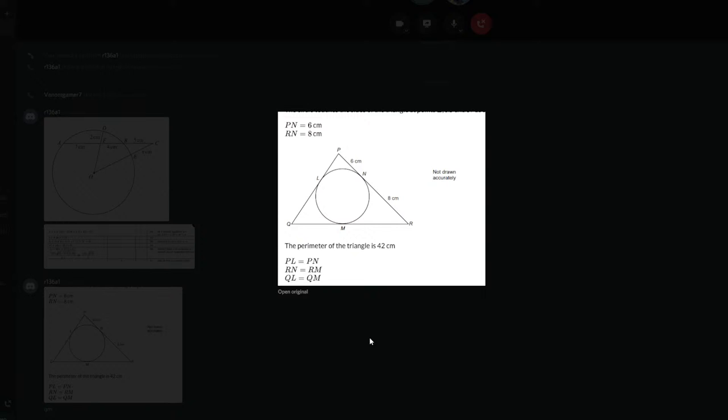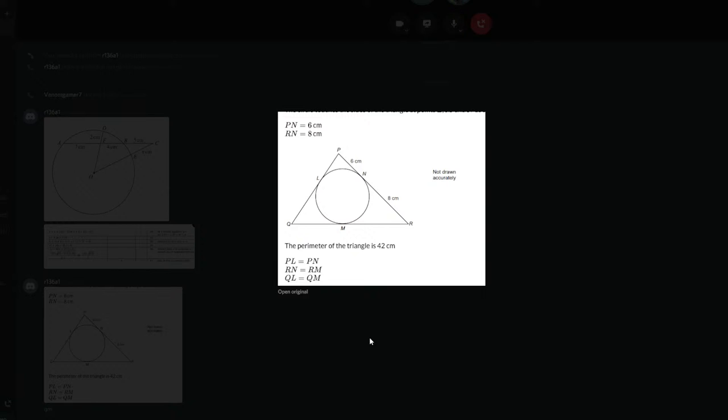So PM is 2 root 33. And for QM, you've got x and x plus 6. QM is x and QP is x plus 6.